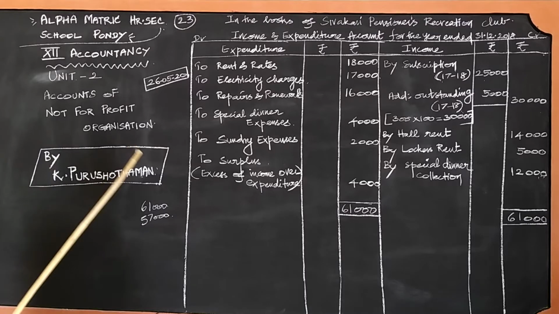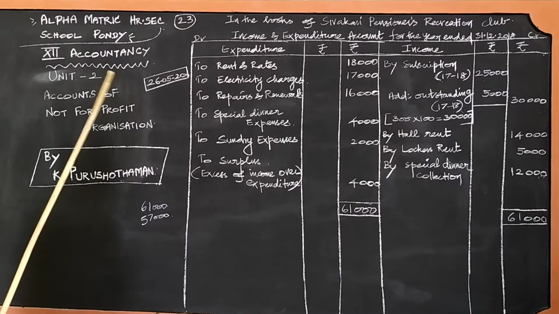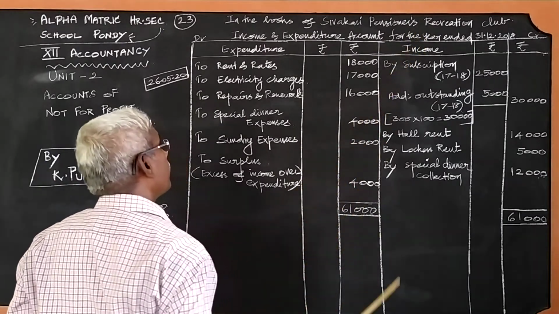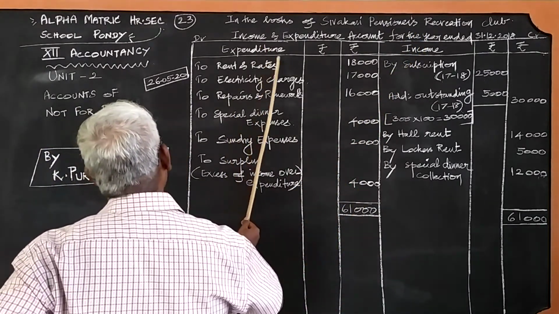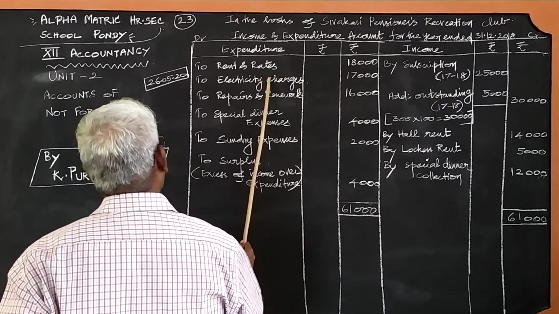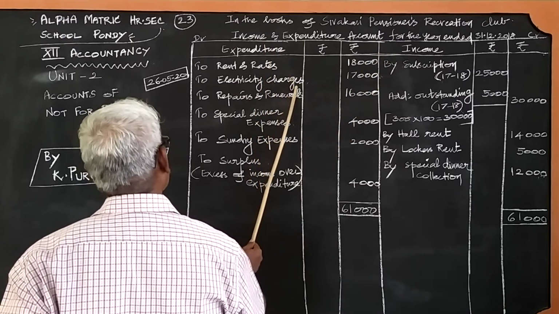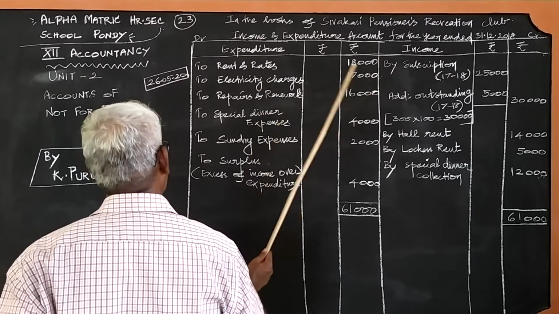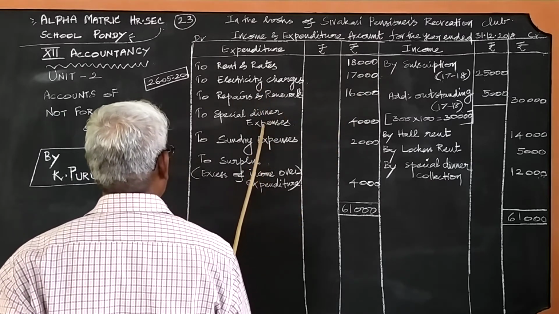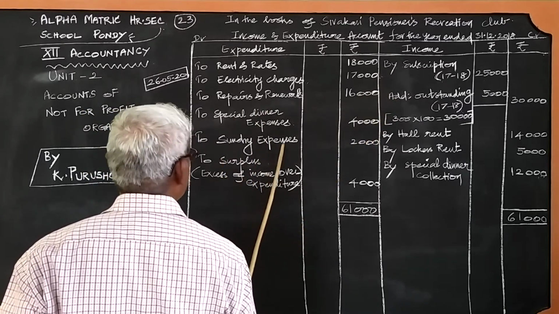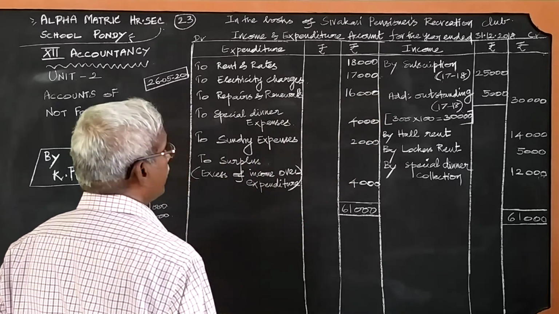Under this, when we start preparing this income and expenditure account, we start with the expenditure side: rent and rates, it is given. Electricity charges, it is an expenditure. Repairs and renewals, it is an expenditure. Dinner expenses, it is an expenditure. Sundry expenses, it is an expenditure.